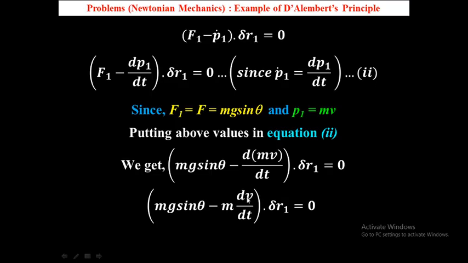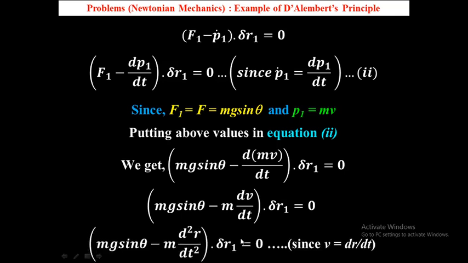Now we know that velocity is the rate of change of position vector, so v can be written as dr by dt, so it will become d2r by dt square. So mg sin theta minus m into d2r by dt square, into delta r1, equal to 0.